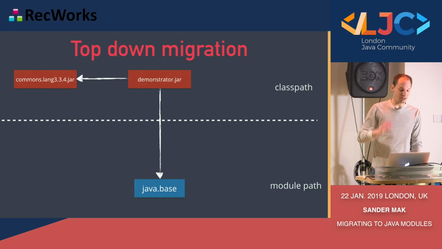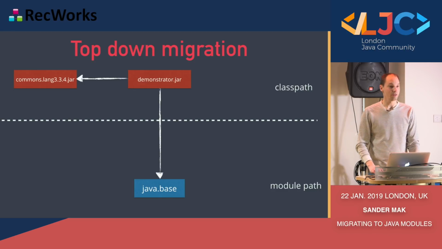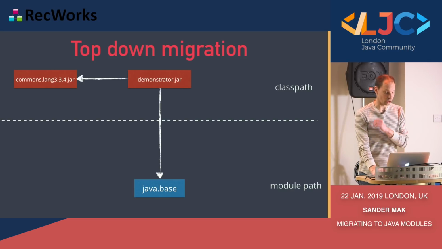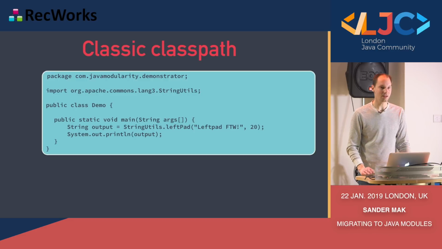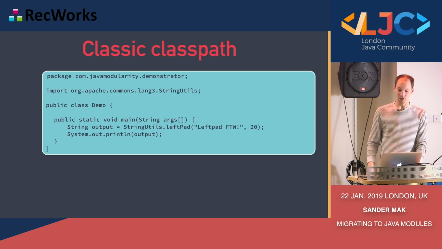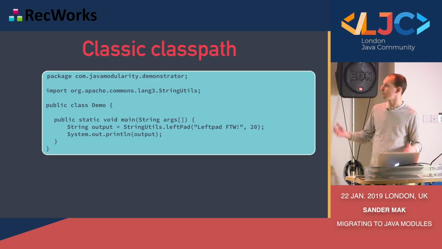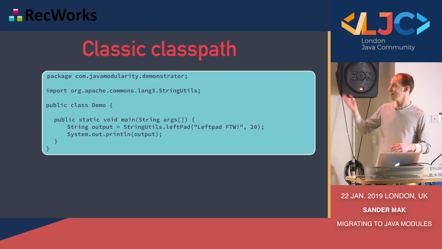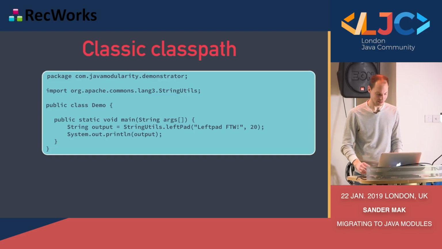So what if, in this example, we would have a simple demonstrator in a single jar. And it has a dependency on commons lang. There's only one class in this demonstrator.jar. It's this one, it's the demo class. And it uses the commons lang dependency because, well, we've learned from the JavaScript folks that we need a dependency for left pad, right? So that's what we do.